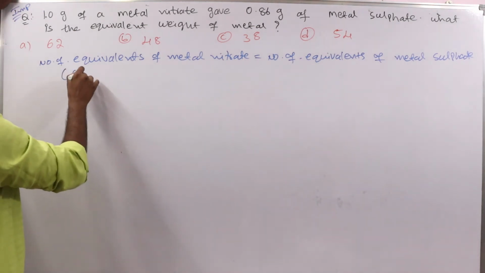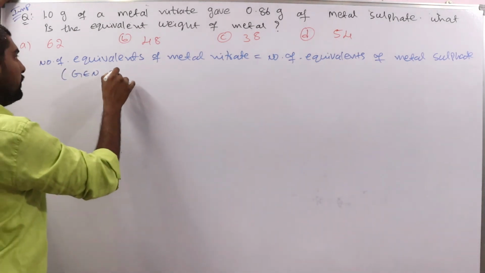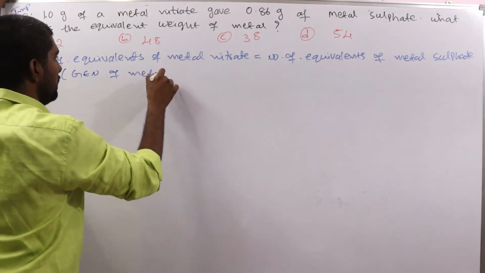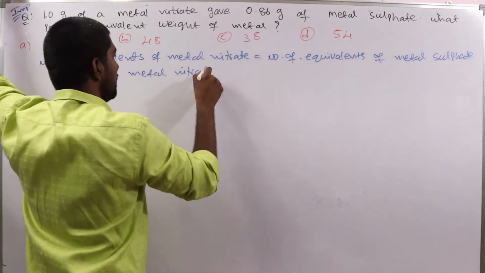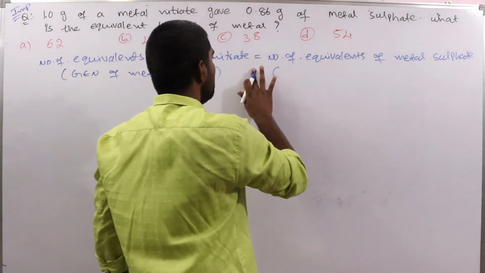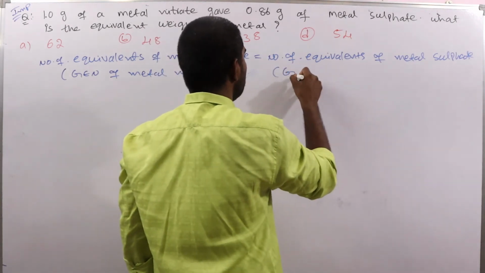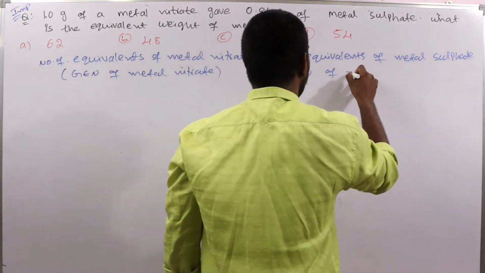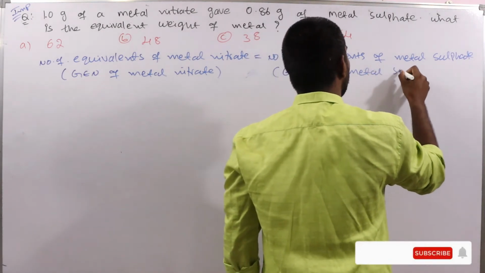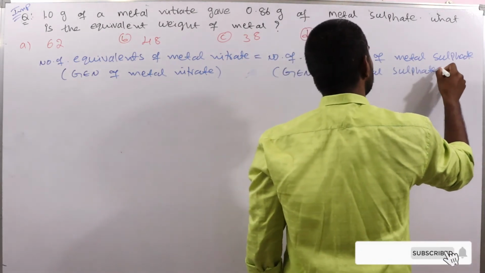or we can say GEN of metal nitrate is equal to GEN of metal sulfate.